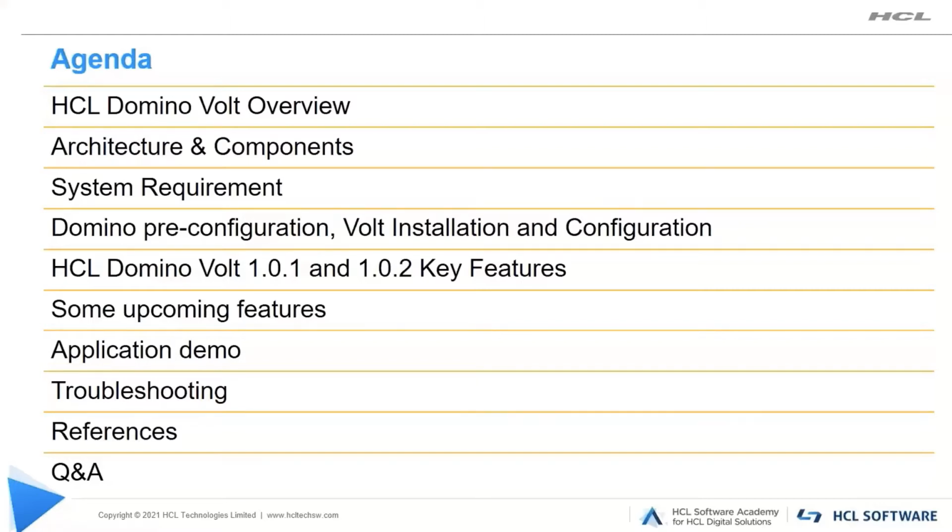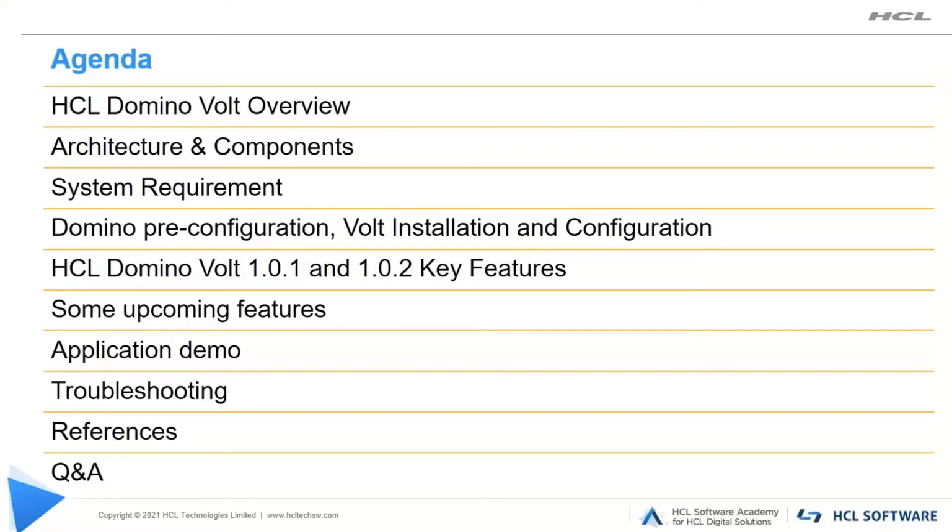Here is the agenda for today's session. First, we will discuss a quick overview of Domino Vault, where we will understand what Domino Vault is. We will see how the high-level Domino Vault architecture looks and what the components involved are. We quickly go through the system requirements for Domino Vault.